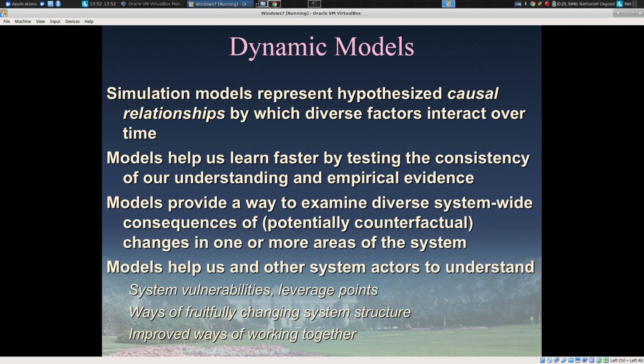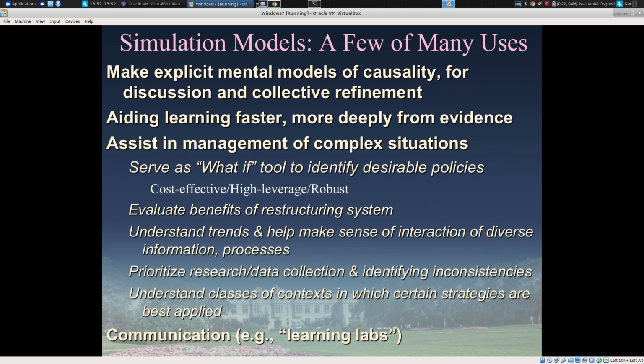These challenges, as well as many others, make reasoning informally about the impacts of interventions difficult, but with dynamic models, we can more reliably start to think through the implications of interventions in isolation or portfolios of interventions. They can also help us identify broad system vulnerabilities, ways we might be able to improve the system structure and coordinate the effects of actors.